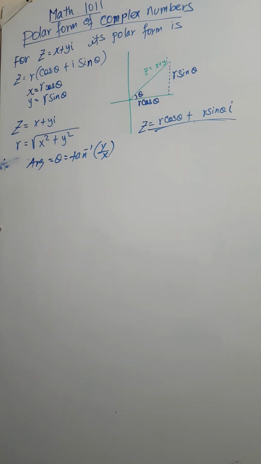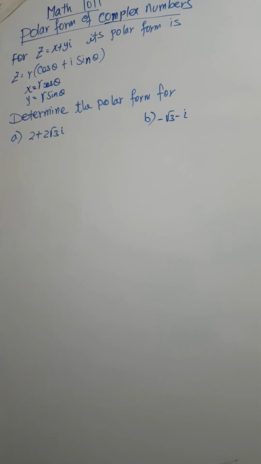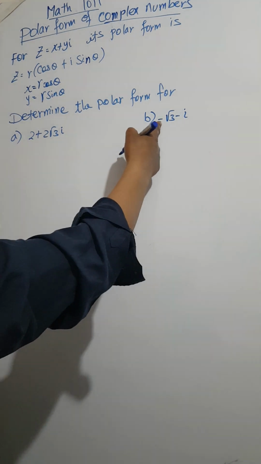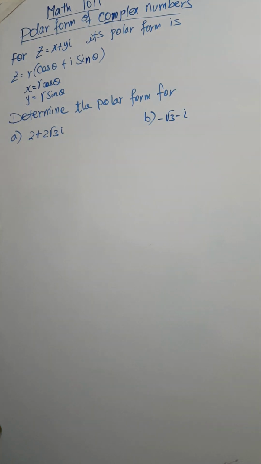Let's look at examples. Determine the polar form for the complex number z which is 2 plus 2 root 3i, and b, negative root 3 minus i.